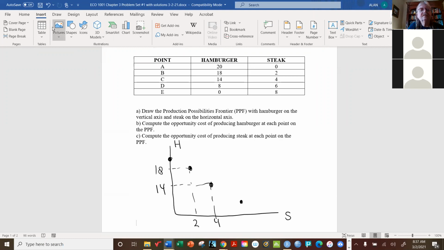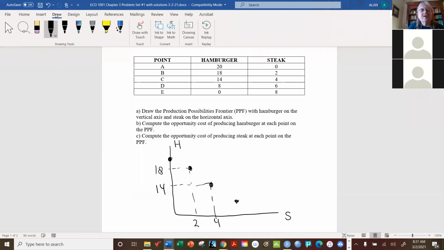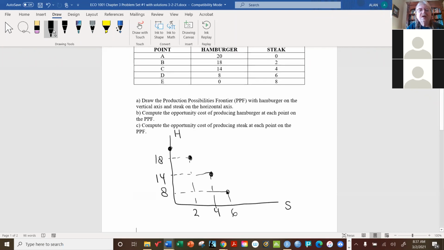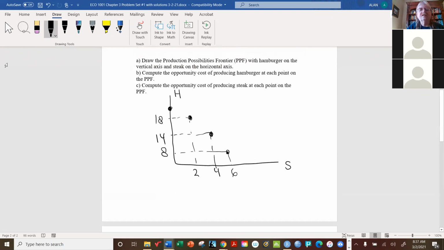Let's try here. Now, it doesn't have to be perfect, and it's not going to be perfect. It'll be a rough sketch. We're trying to show, let's say, that it's curved. It's very difficult to draw this thing properly, believe me. But a rough sketch is fine.